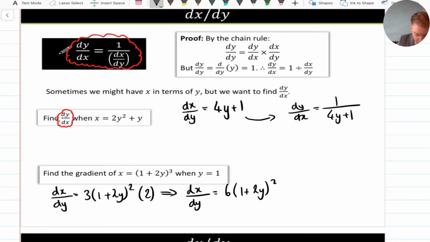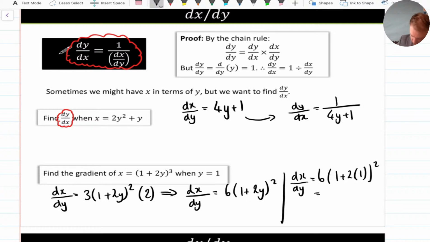And if I want to find the gradient of the line when y is equal to 1, then I need to sub in 1. So dx by dy is equal to 6 times by 1 plus 2 times by 1 all squared.